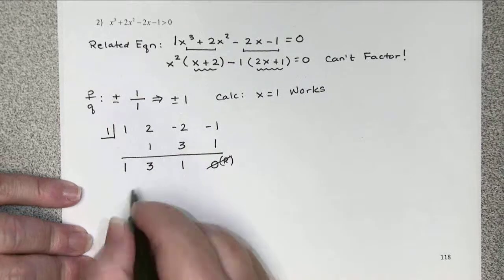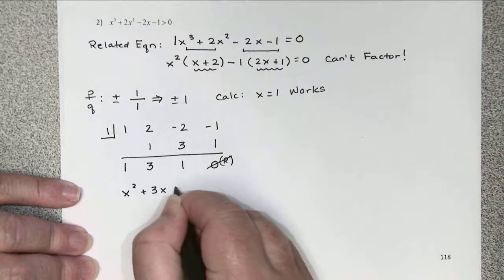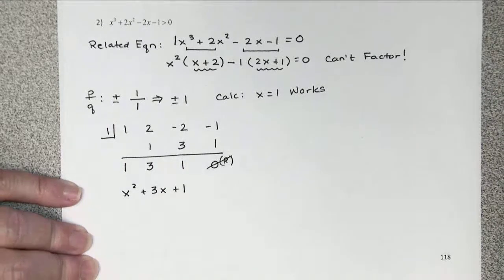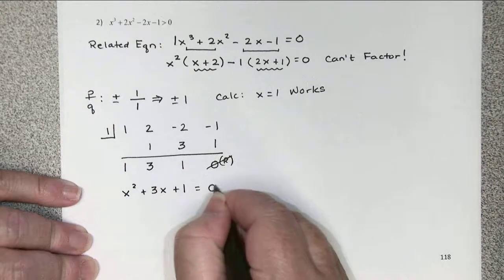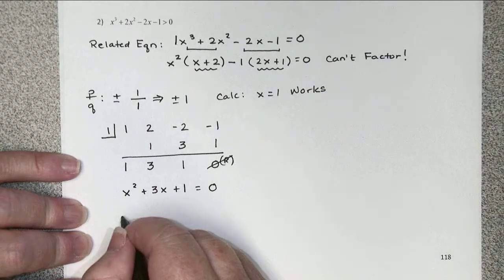So what I end up with here is x squared plus 3x plus 1. And I need to know where that is equal to 0. Since a sum of 3 and a product of 1 is not going to work, I know I can't factor this, and I'm going to use my quadratic formula.